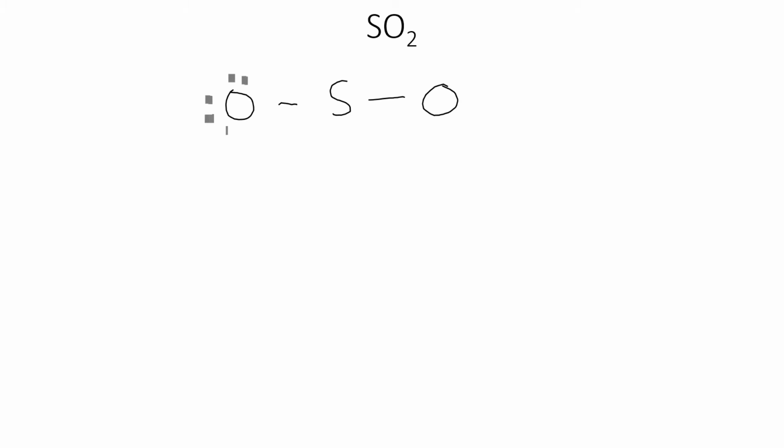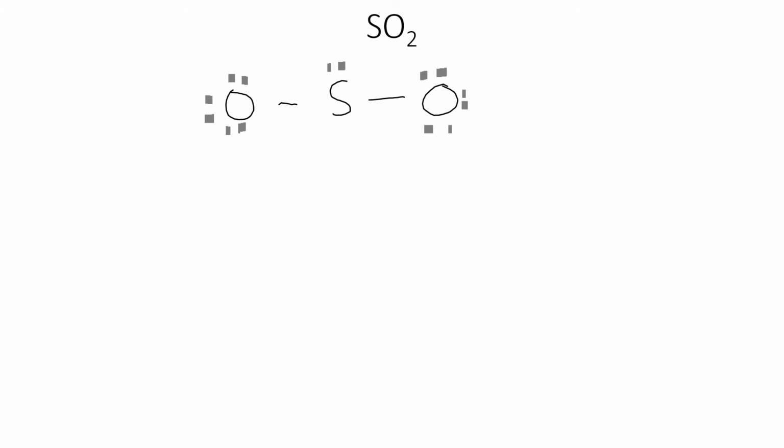I'm just going back to that point before we made the double bond to illustrate resonance. We were at this situation here, where we had the correct whole number of electrons, 18, but sulfur didn't have its octet.